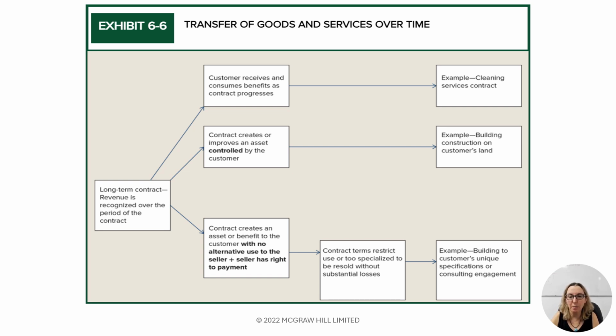So if you're writing a report for a customer and it's only for their purposes, like an audit report, you're going to be recognizing revenue over time, not just at the end, because you can't sell that to anyone else. Whereas if you're manufacturing a piece of equipment that you're selling to any customer, you're going to recognize revenue, of course, when that's sold to the ultimate customer.